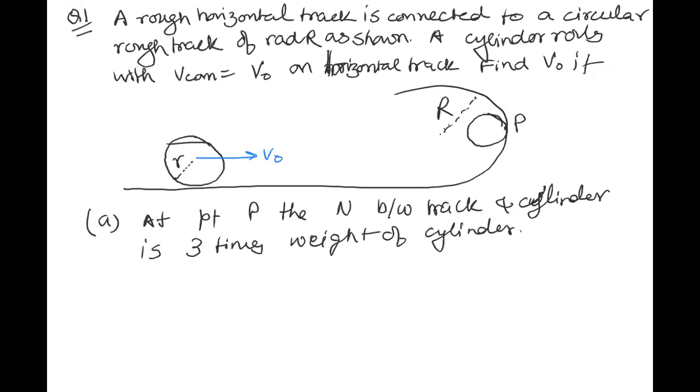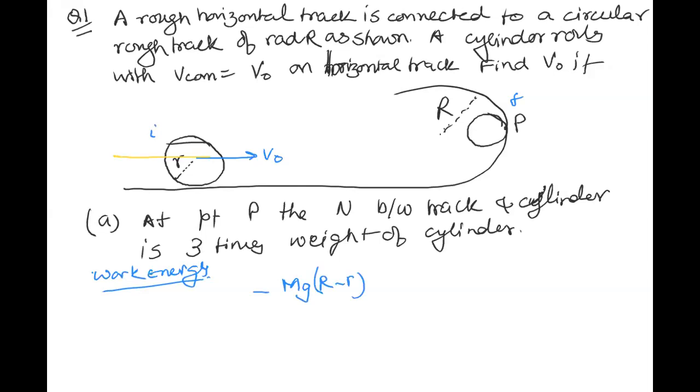Okay, so let me show you. So first let's apply the work energy theorem. And very simple. This is the initial point, this is the final point. So work done by the earth will be equal to minus mg(R minus r). Be very, very careful now.